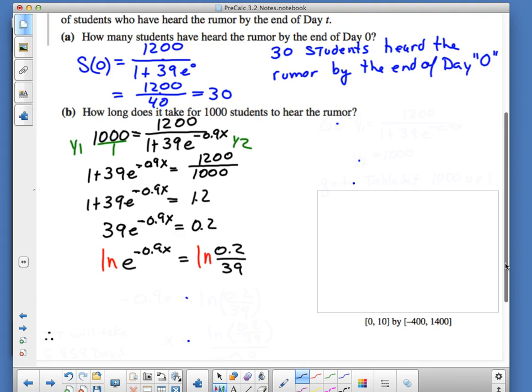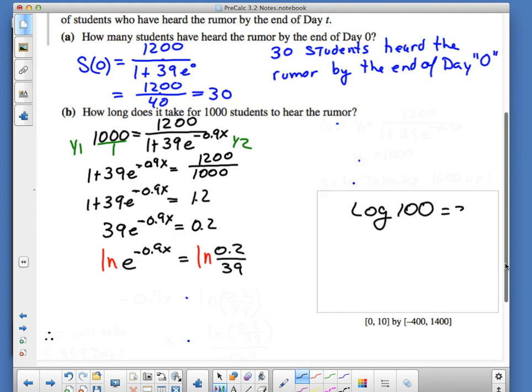Well, it's negative 0.9x. On the side, the log of 100 is asking what power I put 10 to in order to come up with 100. You're like, well, 10 to the second power, so it's 2.